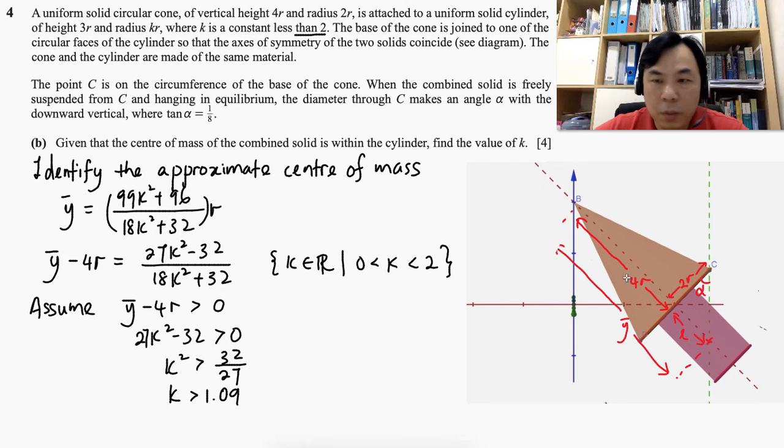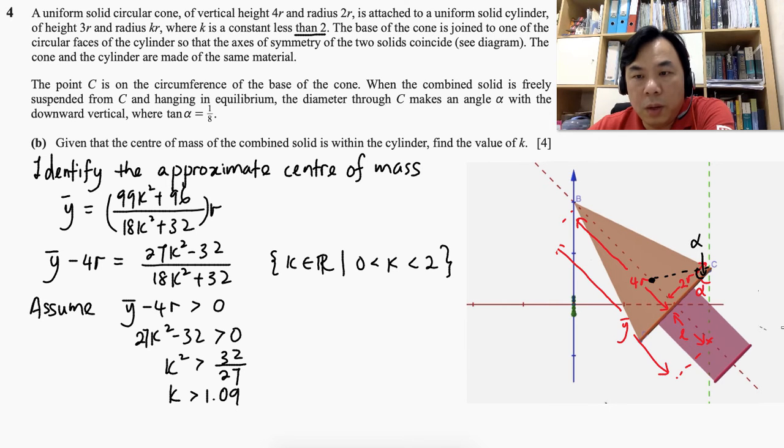So it's possible that the center of mass could be somewhere here. Right, so I did not actually conclude that the center of mass is somewhere here. That is just my initial assumption. Let's assume that in the exam, if you are not sure, and you assume that the center of mass is somewhere here, then the angle made by this line that passes through the center of mass would still be alpha.